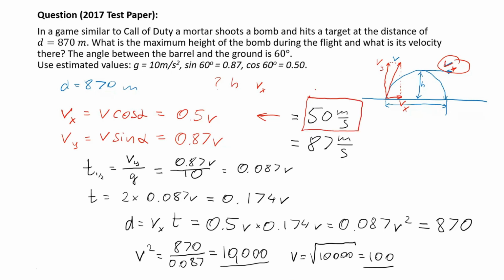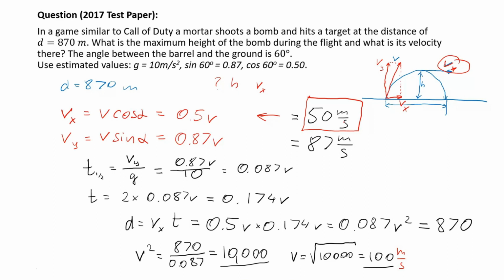Okay. So just to resume on this, the bomb was shot with the initial velocity like this one, 100 meters per second. Should be written black, never mind. So it's 100 meters per second. Then the horizontal component of this velocity was 50 meters per second, and it was applied all the time because the horizontal velocity never changes.